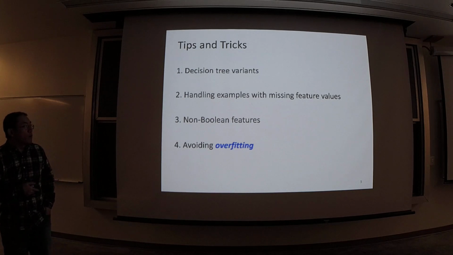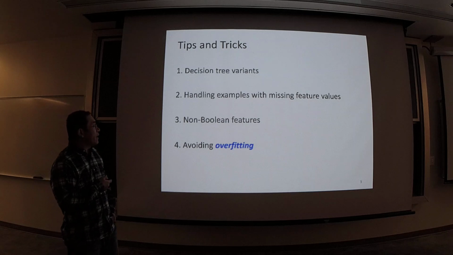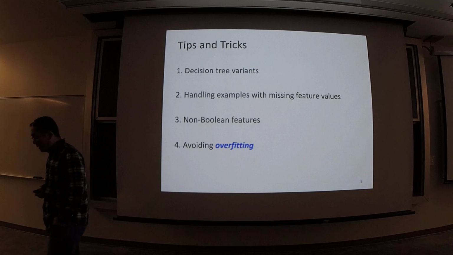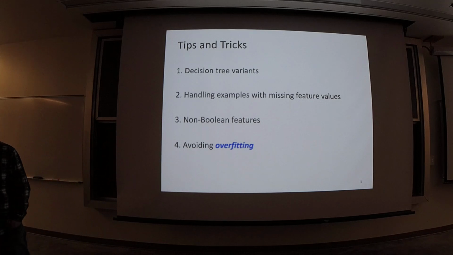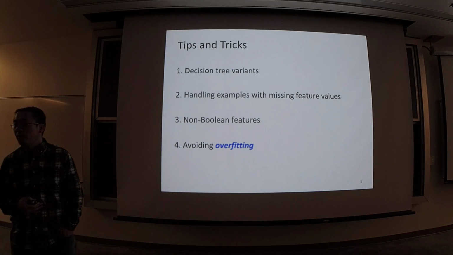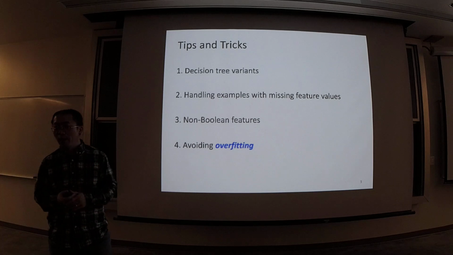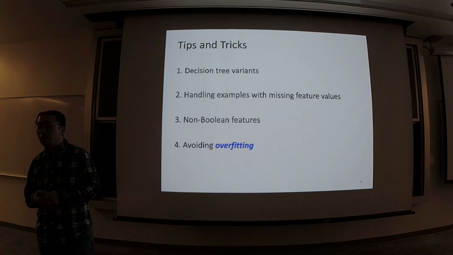And then we'll talk about, in practice, how we handle examples with missing feature values. Practical applications are always dirty and noisy. In the future, if you have a chance to do some real-world applications of machine learning, you will find the data sets are really, really bad.